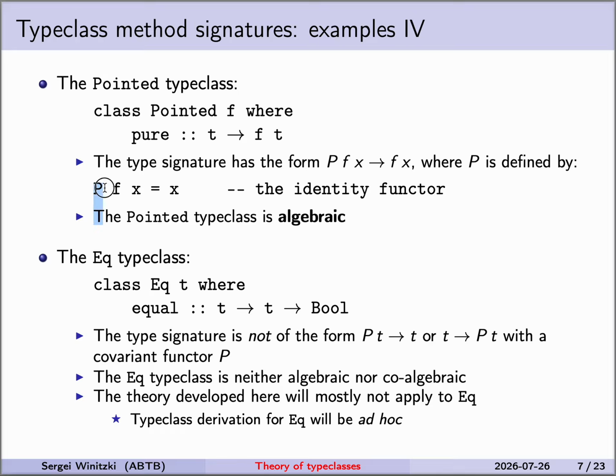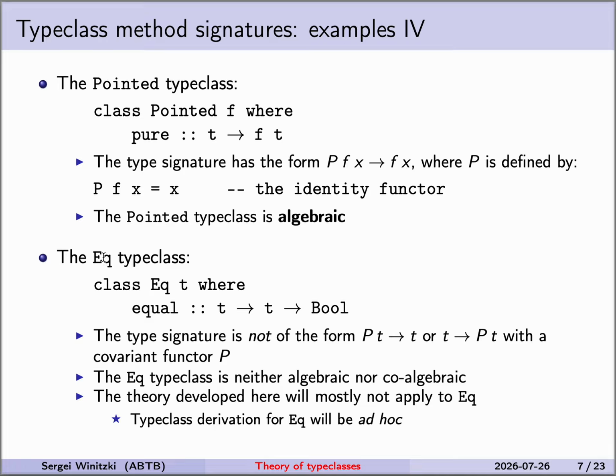So we define pfx to just be x, and then we get this type signature. So the pointed type class is algebraic. P is the identity functor. It does not depend on f, which is fine. So it is still covariant in f when it doesn't depend on it. And so the pointed type class is algebraic.